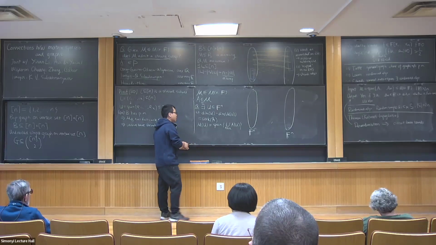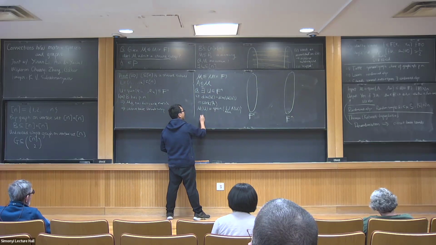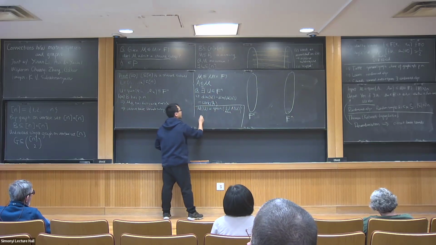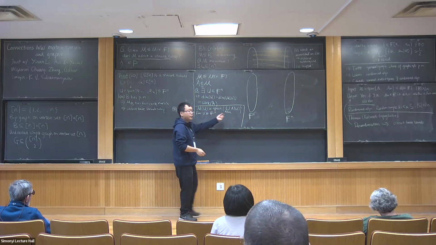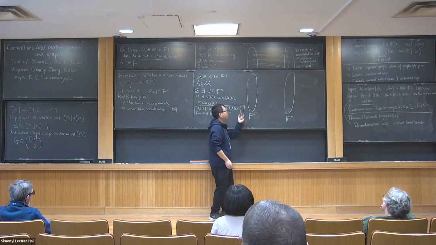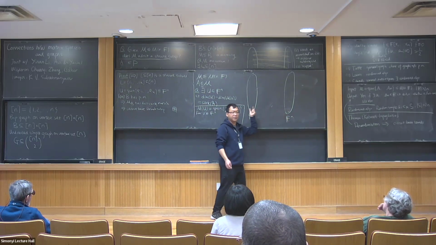If I have U, I also need to define it for V, which is a subspace of F to the N. Because I need to go from the left side to the right side, but I also need to pull from the right side to the left side.